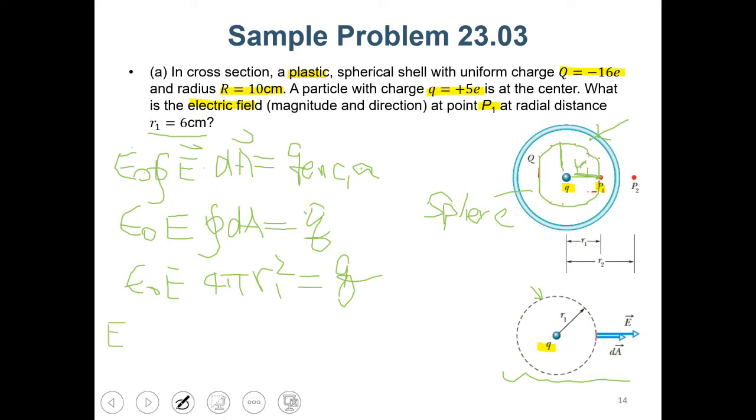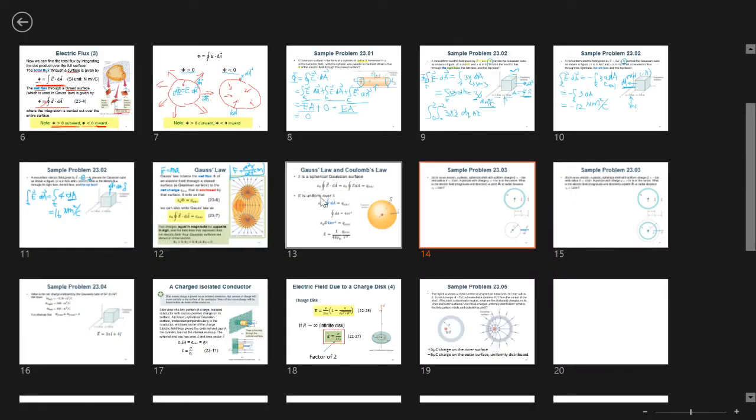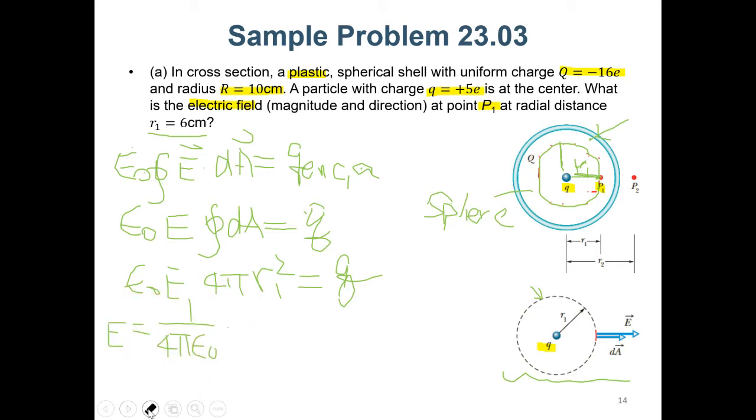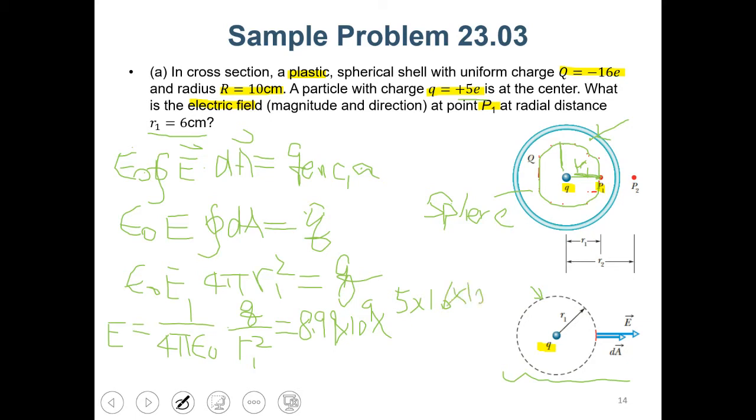So E should be 1 over 4 pi epsilon 0 times Q over R1 square, and we substitute all the values: 8.99 times 10 to the 9 times q, which is 5e, which means 5 times 1.6 times 10 to the minus 19, over R1, 6 cm, 0.06 square.